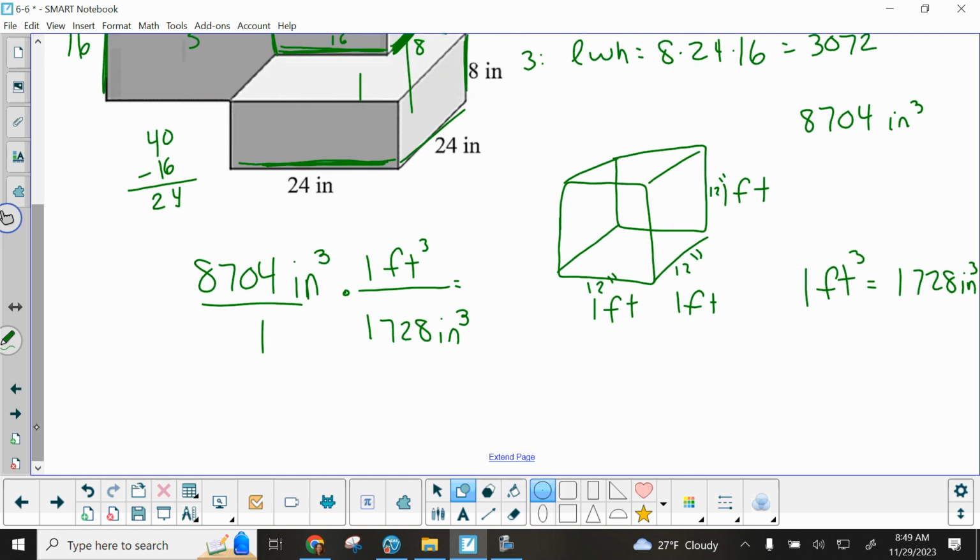So now I realize that my cubic inches will divide out, and I'm going to be left with my cubic feet. So I actually have to divide 8,704 divided by 1,728, and I get 5.03704 cubic feet.